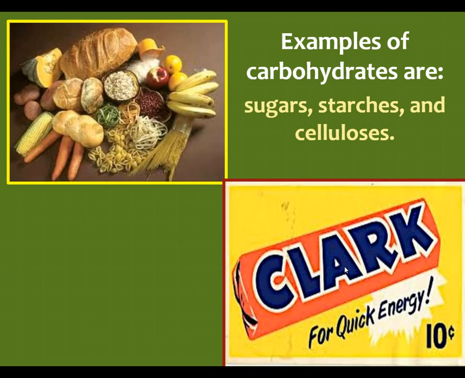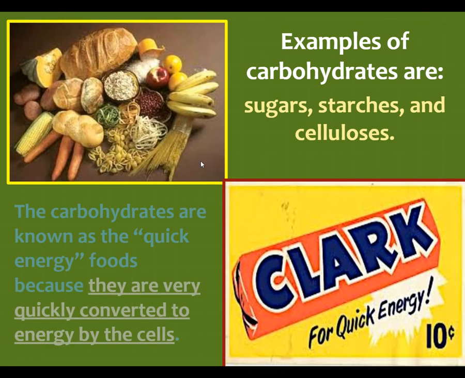Think of quick energy. Quick energy, it's a carbohydrate. Things like candy, and then a little bit longer term carbohydrates would be breads. But then you have fruits, which would have a quick sugar. Carbohydrates are known as quick energy foods because they are very quickly converted to energy by cells because of this sugar in them. The sugar would be broken down into a simple sugar and then used by the body. And the sugar that the body uses would be glucose.